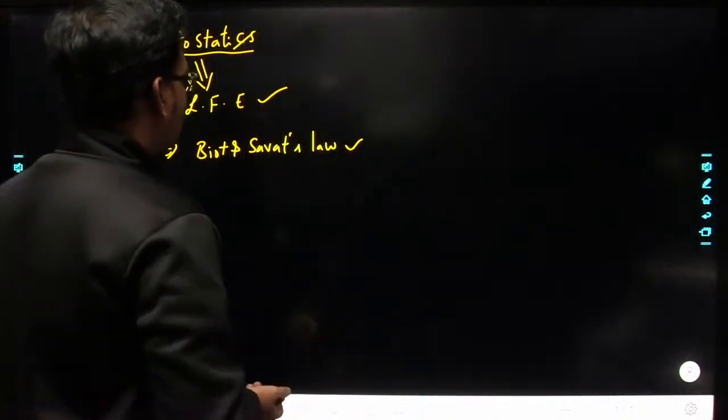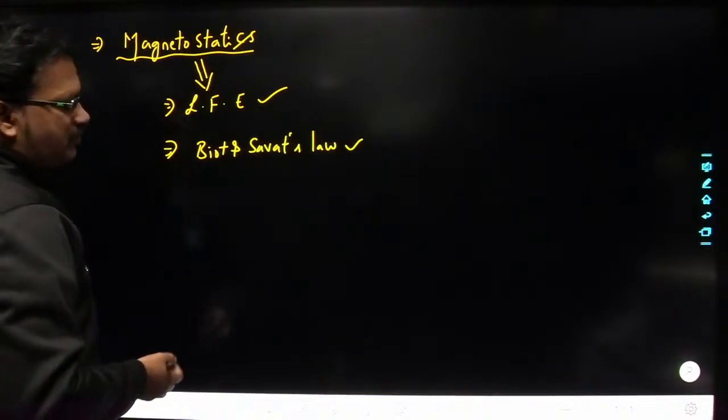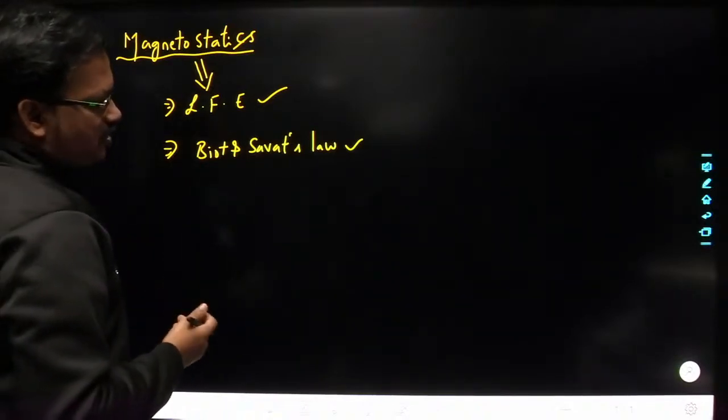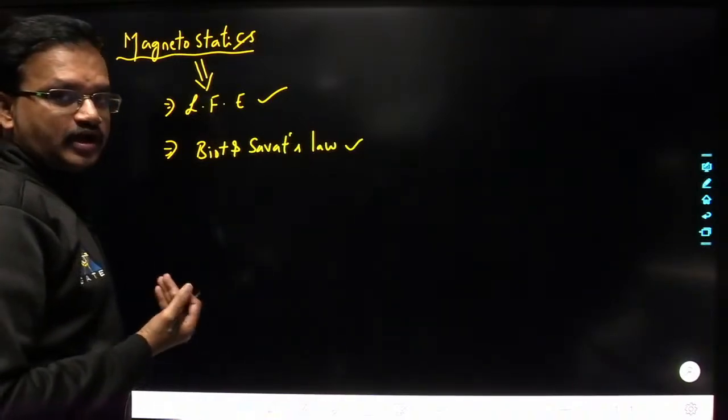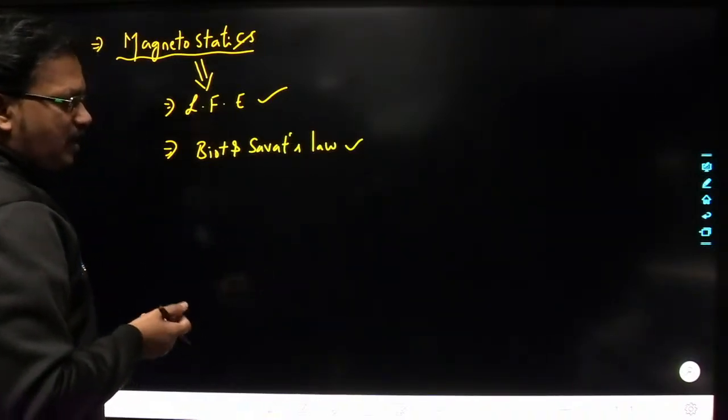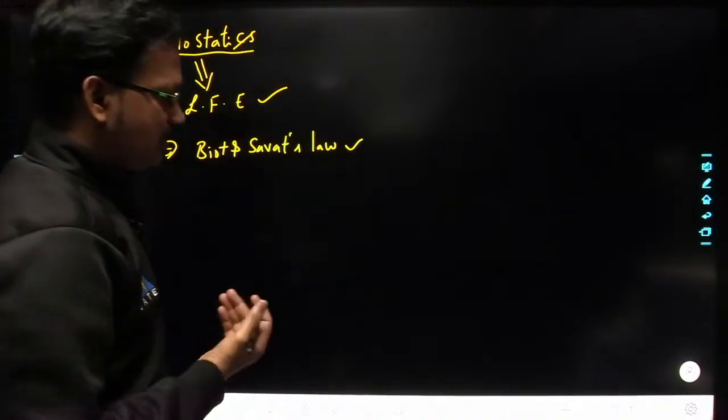So we have seen, with the help of Biot and Savart's law, how to determine the B field due to a current carrying wire of finite length and due to a current carrying wire of infinite length.